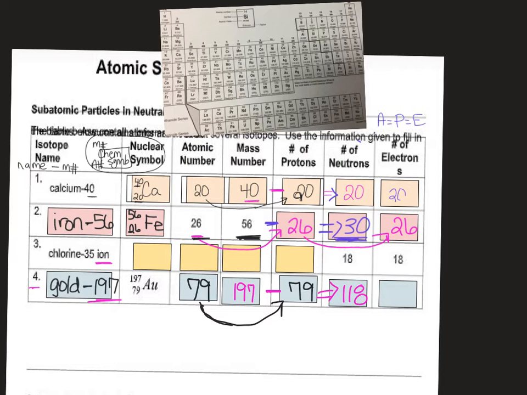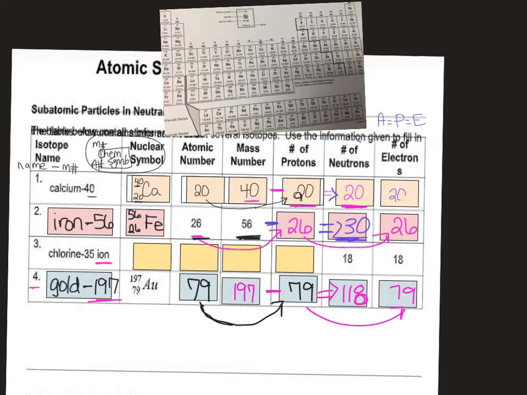Notice this is where you start seeing that those neutrons just kind of fill up the nucleus. That's a big difference right there. It's not like calcium. When we're smaller atoms, they tend to be very similar. As we move down the periodic table, they start to have a bigger difference. So we have 118, and then we double check that charge thing, nothing, so we can put that 79 into this last box.